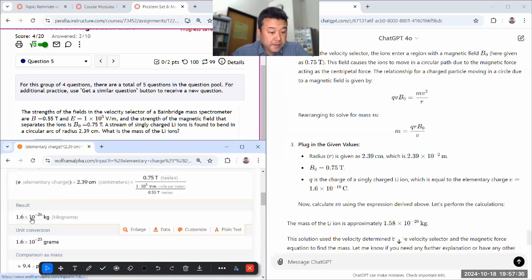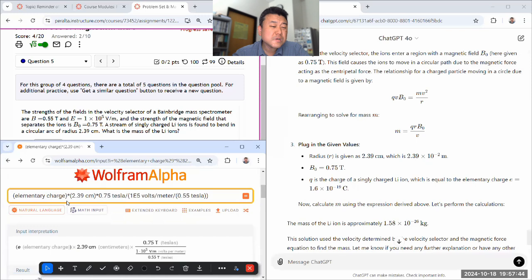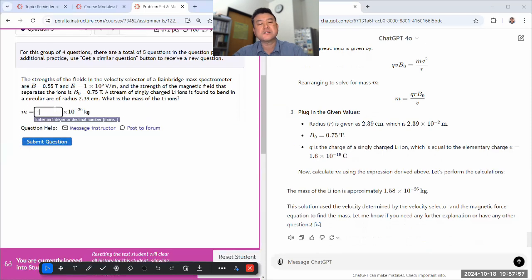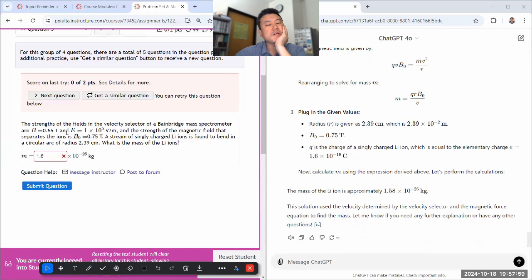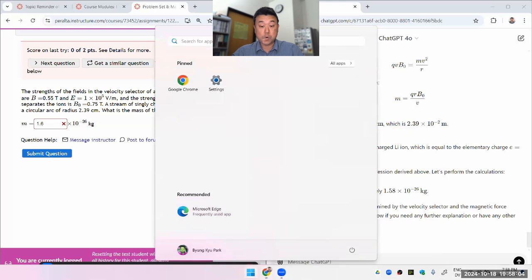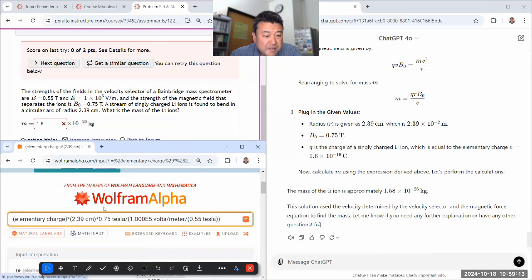I'm a little worried. It was probably 1.60, or 1.58. Let me see what happens if I just put in 1.6. I think it's going to tell me it's wrong, because it's just barely outside that 1% range. Let me try.